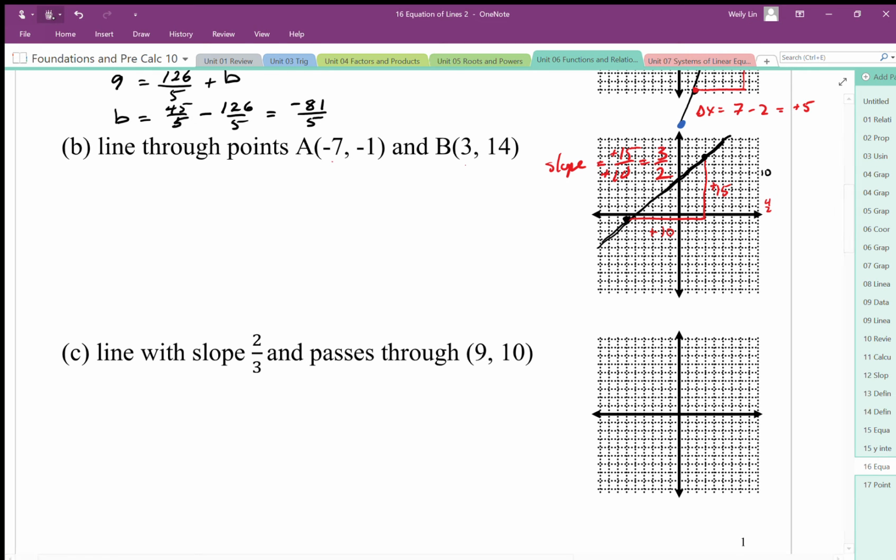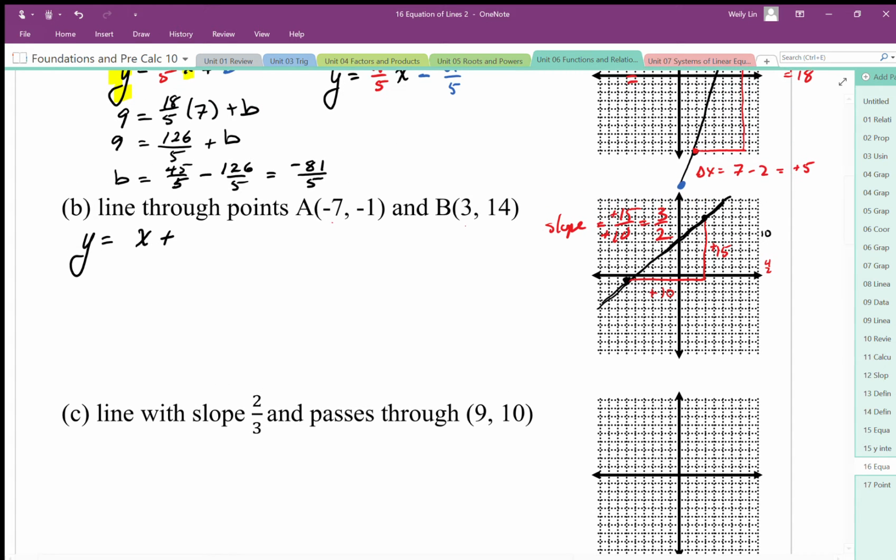So my equation of my line so far is y equals mx plus b. I know my m value, my slope value, is going to be 3 over 2, and my b value is unknown.